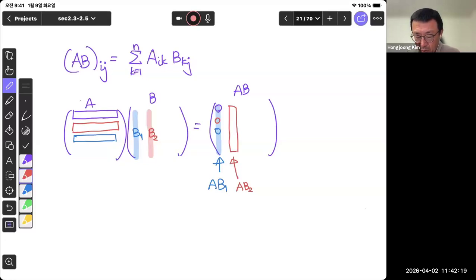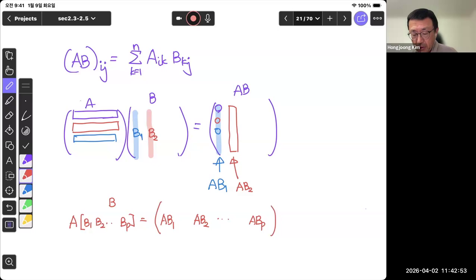In other words, when A is multiplied by some matrix B with columns b_1, b_2, up to b_p, then A times b_1 becomes the first column of the product, A times b_2 will be the second column, and A times b_p will be the pth column of the product. So if you construct a matrix with these, then we get this equation.